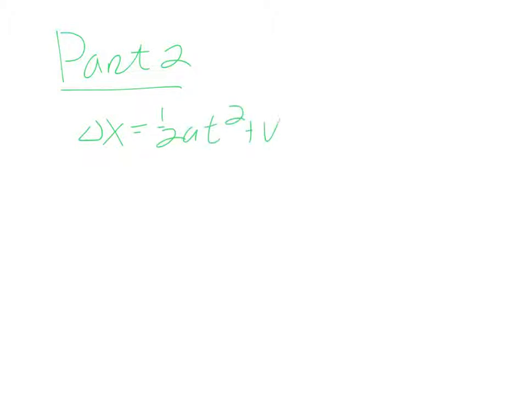Now looking at part 2, this is where the cheetah is running at constant velocity. Constant velocity means that with this equation, delta x equals 1/2 a t squared plus v initial t, that whole middle term goes away. Constant velocity equation was delta x equals vt.